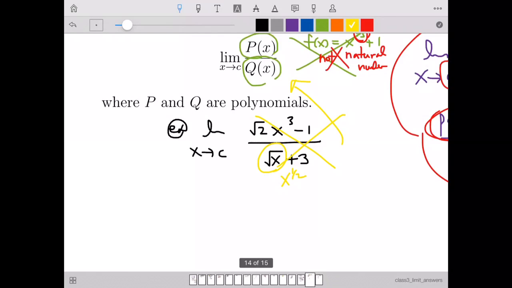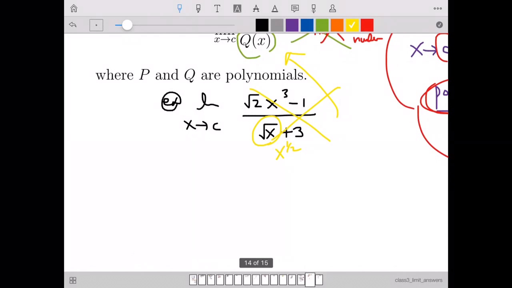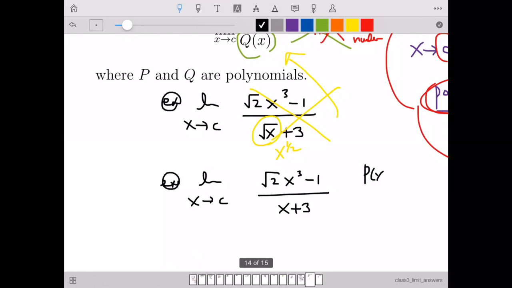So it is not like this. The correct example would be square root of 2 x cubed minus 1 over x plus 3, for example. Then this is p of x over q of x. So that's a sub n. A sub n can be any real number, but the power should be a natural number. So the powers are important. Okay. So yes, this is of this form.